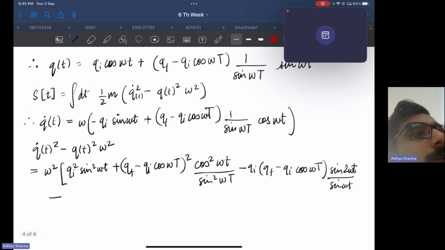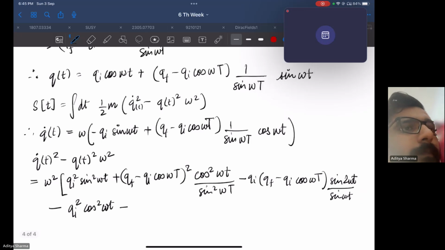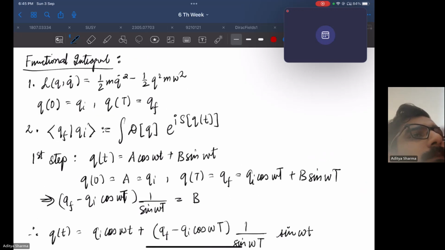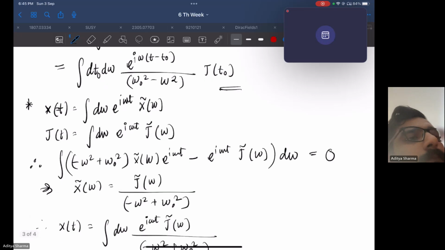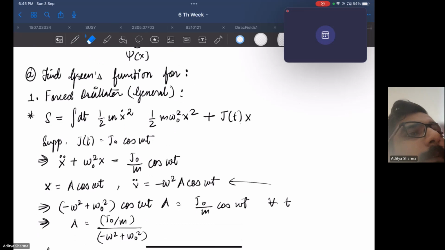Minus sin q of t whole square, which is t square cos square omega t. This is also like one thing.